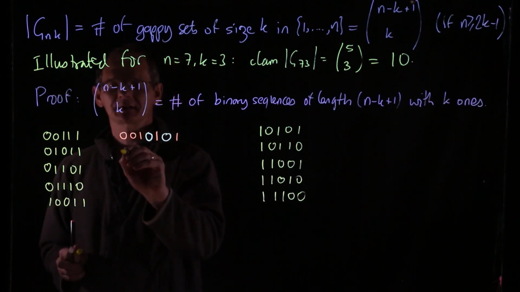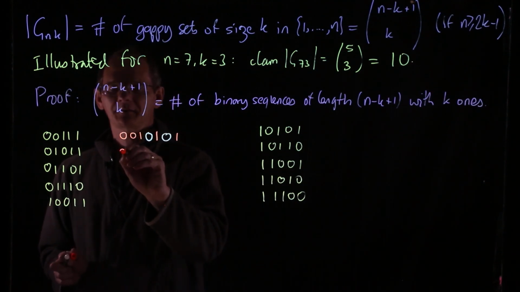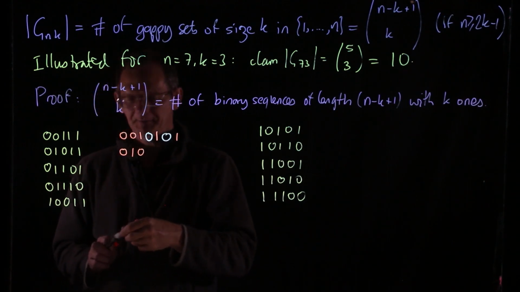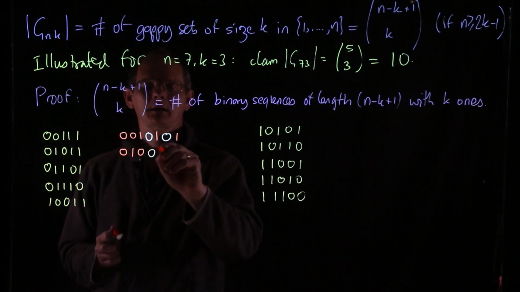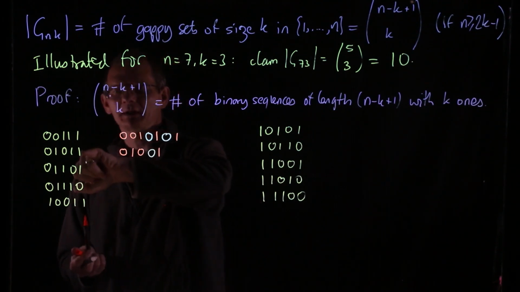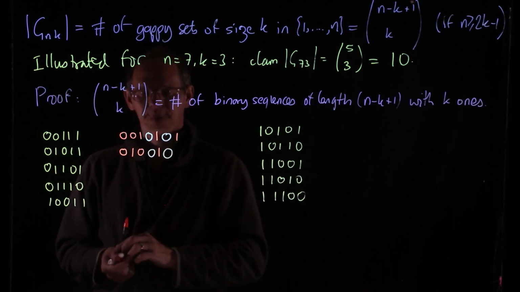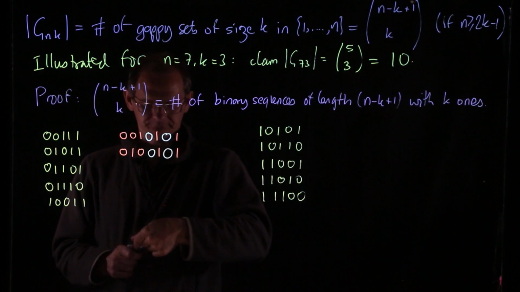Let's do it to this one here. We copy the 0, 1, 0, and then the next one we have to pad with a 0 to the left. And this last one, we need to pad with a 0 to the left as well. Now we've got a gappy sequence of length 7.